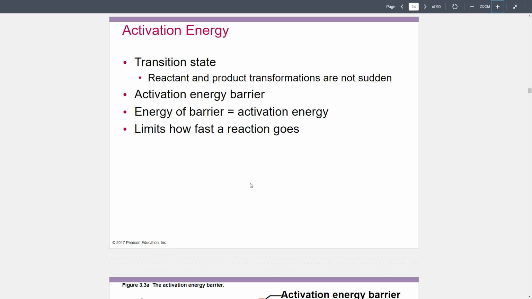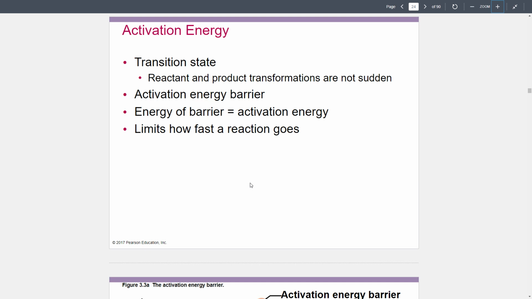So there's this thing called a transition state, which is where we have the reactants and they're, for lack of a better term, thinking about becoming the products. They're kind of milling around. The bonds are shifting a little bit. And when a certain amount of energy is put into the reactants, we get the reaction to actually occur.